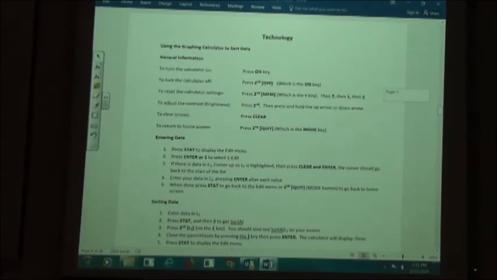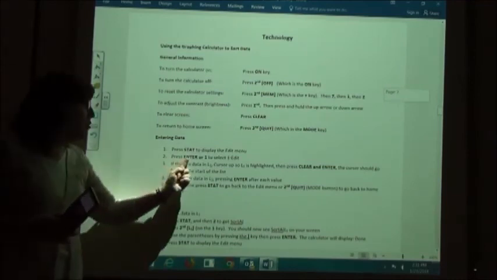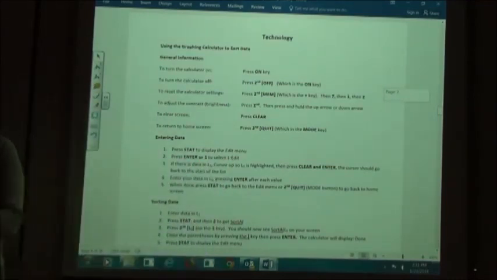Should be the third row down in the third column. Stat. If you hit that, you see Edit, Calc, Tests, and then 1 is Edit, 2 is Sort A, which is ascending, 3 is Sort D, which is descending, 4 is Clear List, 5 is Setup Editor. So, we are going to either enter or press 1 to select the edit.